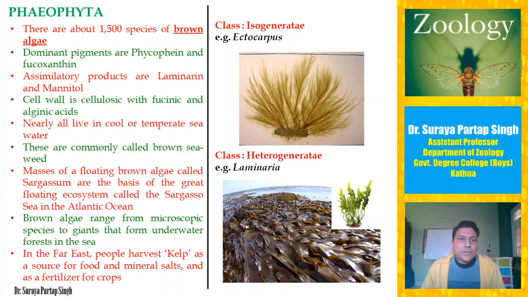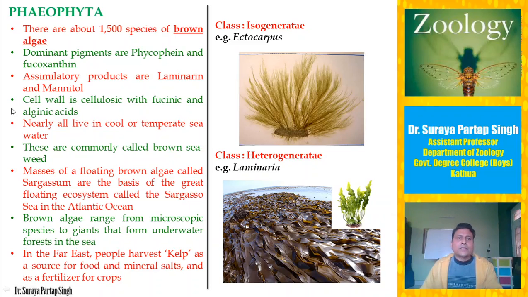Then the division Phaeophyta. Its common name is brown algae, and there are about 1500 species which belong to this division. It has two classes: Isogeneratae and Heterogeneratae.